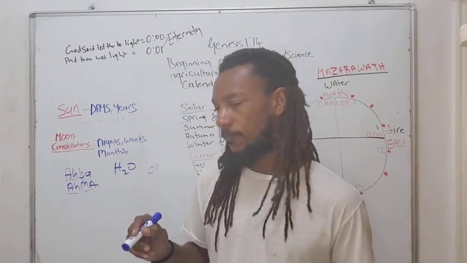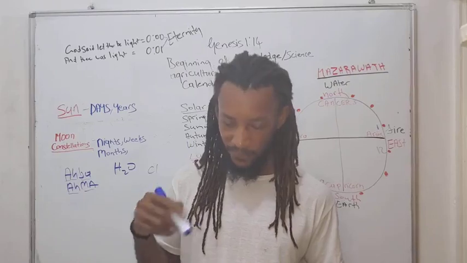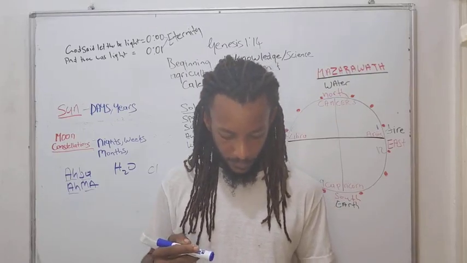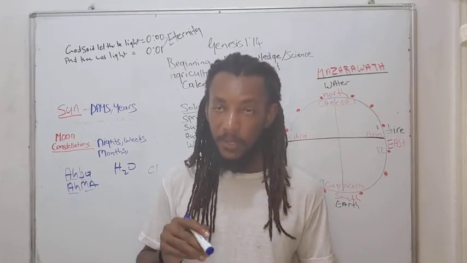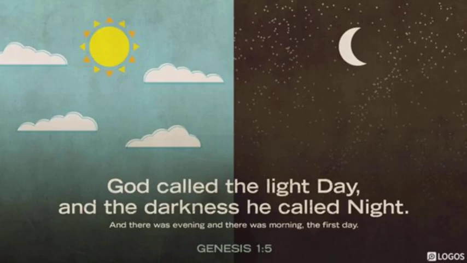So there's light. Now it's divided from darkness. Now he's going to name it. "And God called the light day." So the same light, verse 3, verse 4, verse 5, is named. "And God called the light day, and the darkness he called night."